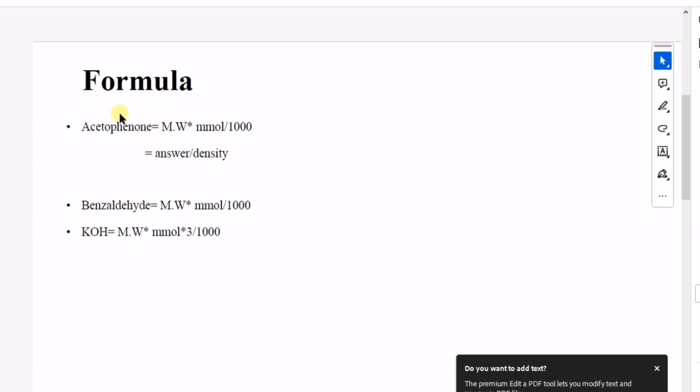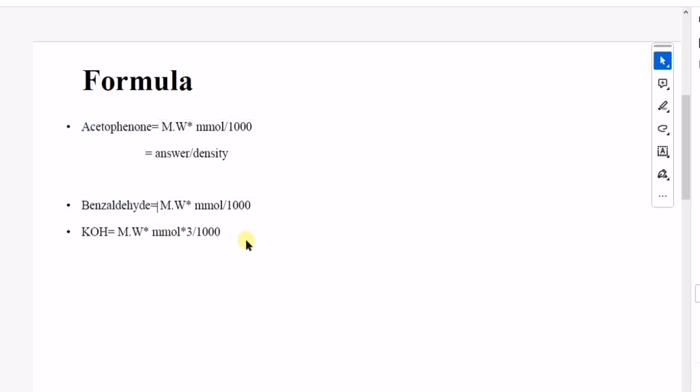Okay, I will show you the formula for the synthesis of chalcone. Like I am using acetophenone and benzaldehyde. For example, here I am using acetophenone that is in liquid state. For the reactants that are in liquid state, you have to write their molecular weight, then multiply by its millimole and divide by 1000.